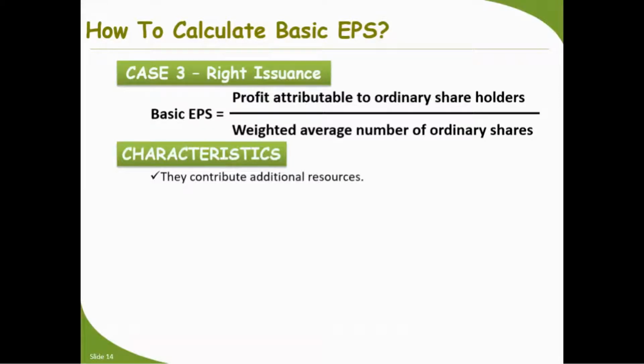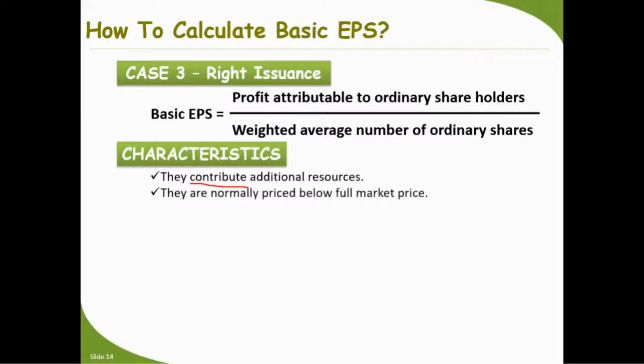Rights issuance is also done to existing shareholders, but at a price lower than the market price. So there is an additional resources contribution. The issuer will get the cash. Additional resources will be received by the issuer.